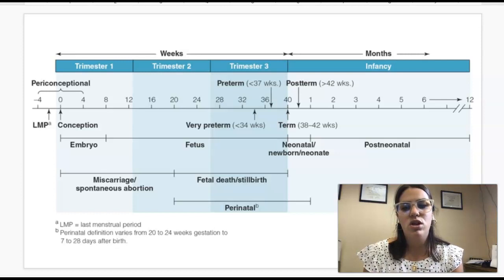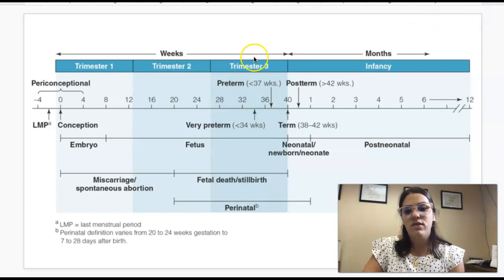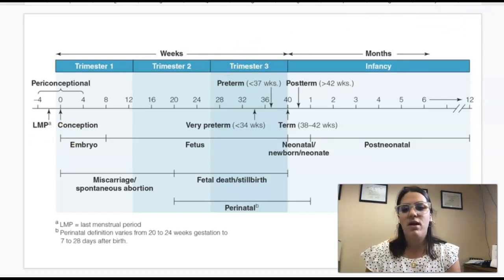So it's important for you to know what these weeks are, because these are going to affect the needs of that infant once they are born, and if they are premature, their needs might be a little bit different. This will affect the mortality rates as well. Thankfully, in recent decades we have increased the number of neonatal intensive care units, and medicine has improved the outcomes of preterm infants as well.